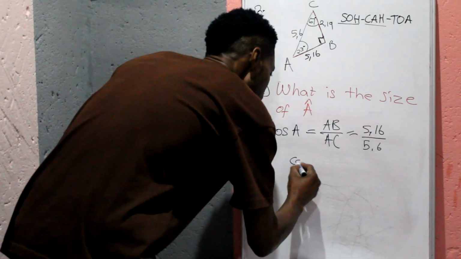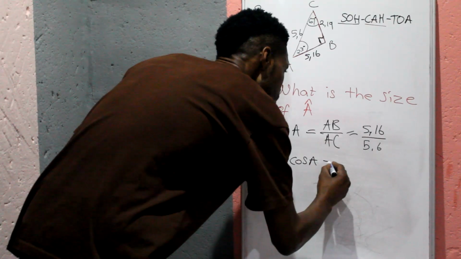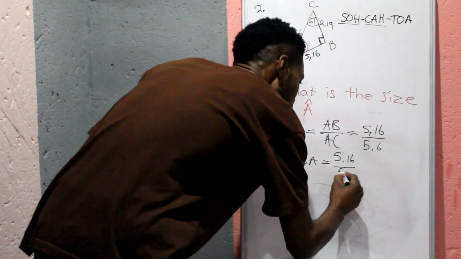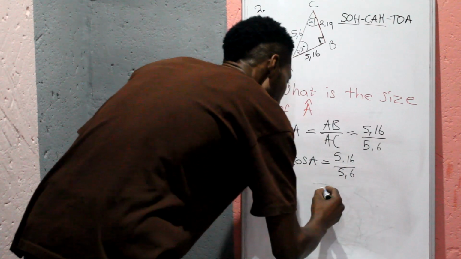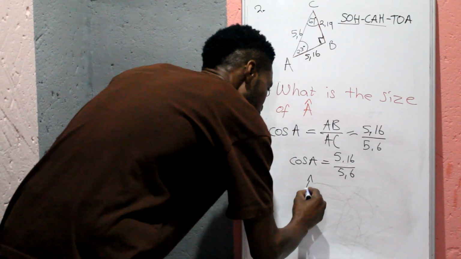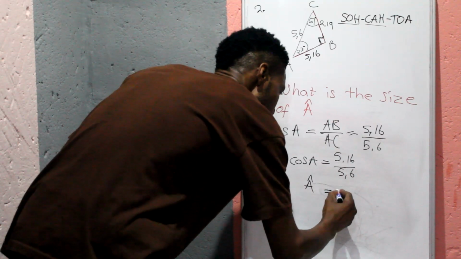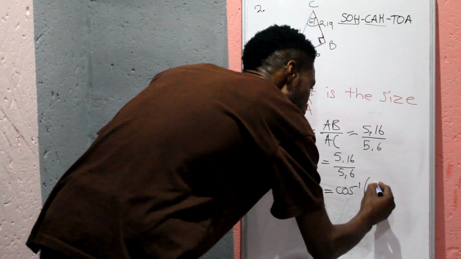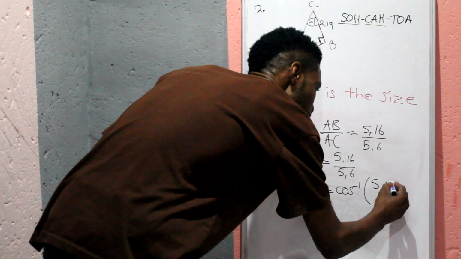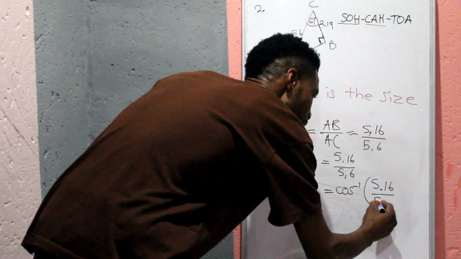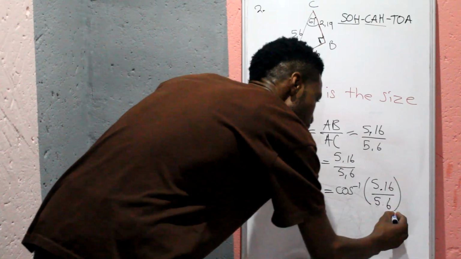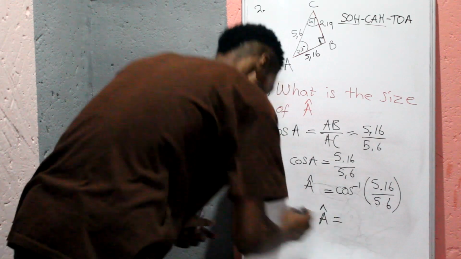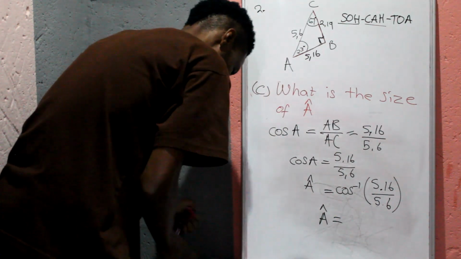Now cos A is going to be equal to 5.16 over 5.6, and therefore angle A will be equal to arccos of 5.16 over 5.6, and then you punch that into your calculator.